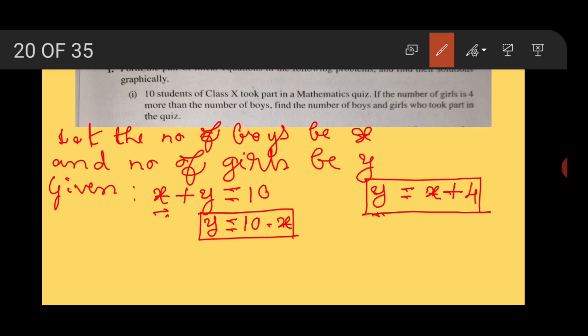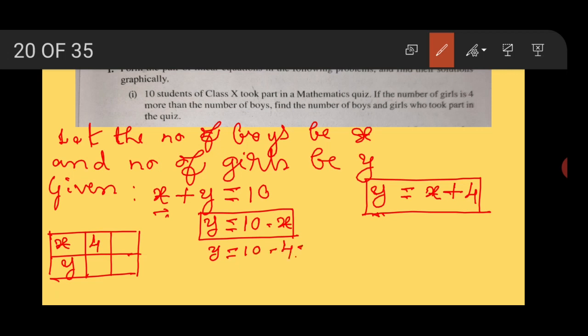Now we have to frame value tables. Only 2 points are enough to plot the graph of a linear equation. So if I substitute the value of x as 4, what happens? y is equal to 10 minus 4, it becomes 6.